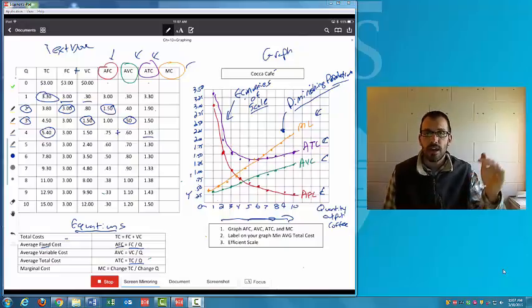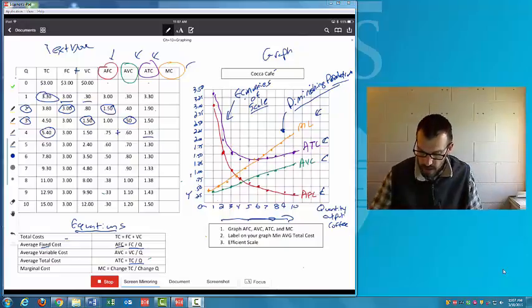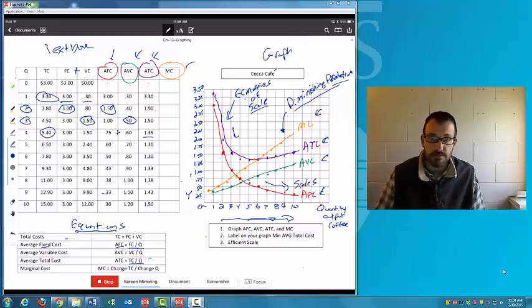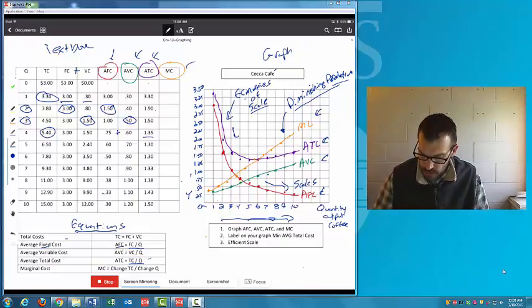Now at some point, that economies of scale starts to flatten out. As we see here, the average total cost and average fixed cost start to flatten out, and this average variable cost keeps going down because of scale. Another thing that's going to happen is the average total cost is going to start being brought up.